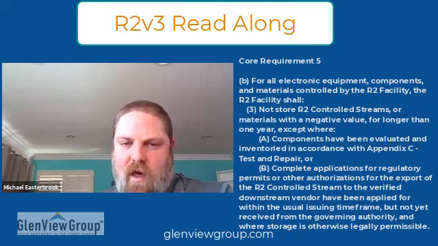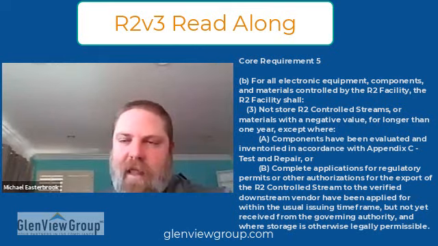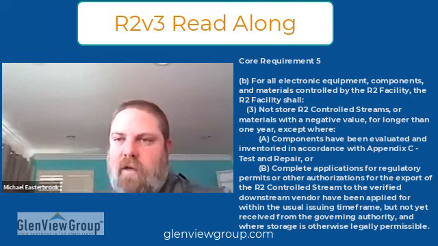Also, a negative value thing might be broken pallets, or wood from dismantling activities, some of those things that cost to get rid of, that people could just stick in the corner of a facility. So there's not only more emphasis on the way that you're controlling the R2 controlled streams, but also general materials with negative value.